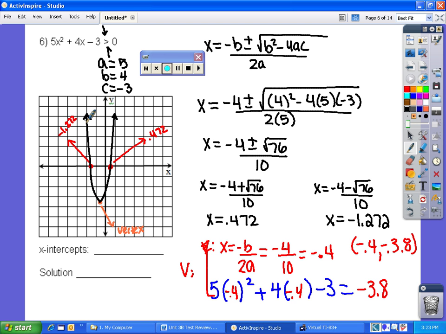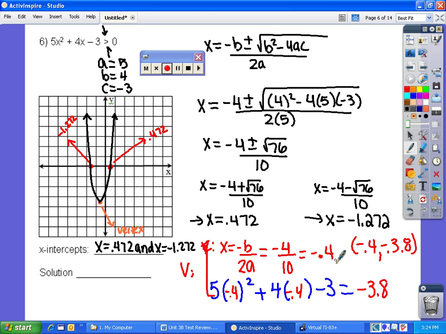And there is your graph. So your x-intercepts are right here. These are your x-intercepts. So x equals 0.472 and x equals negative 1.272. These are not intercepts. Don't write those down.